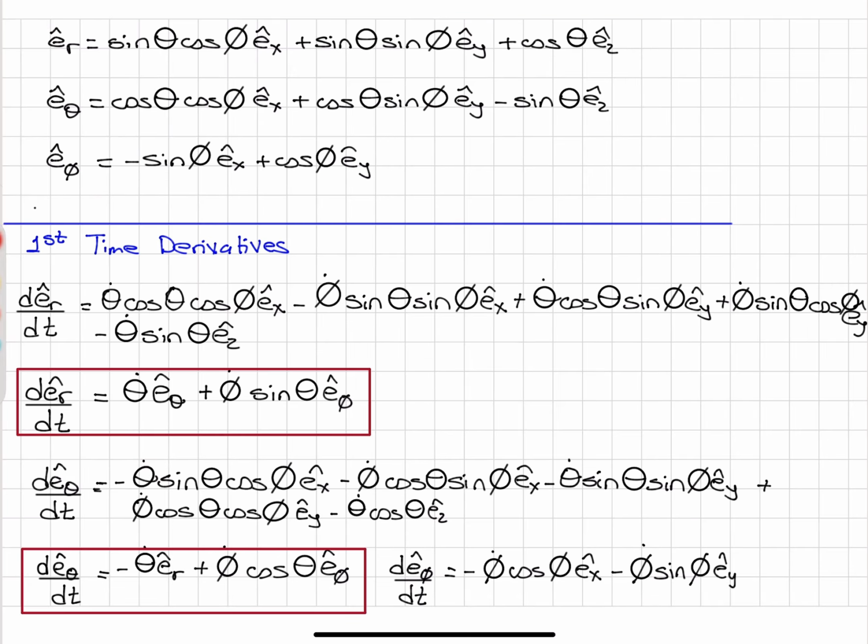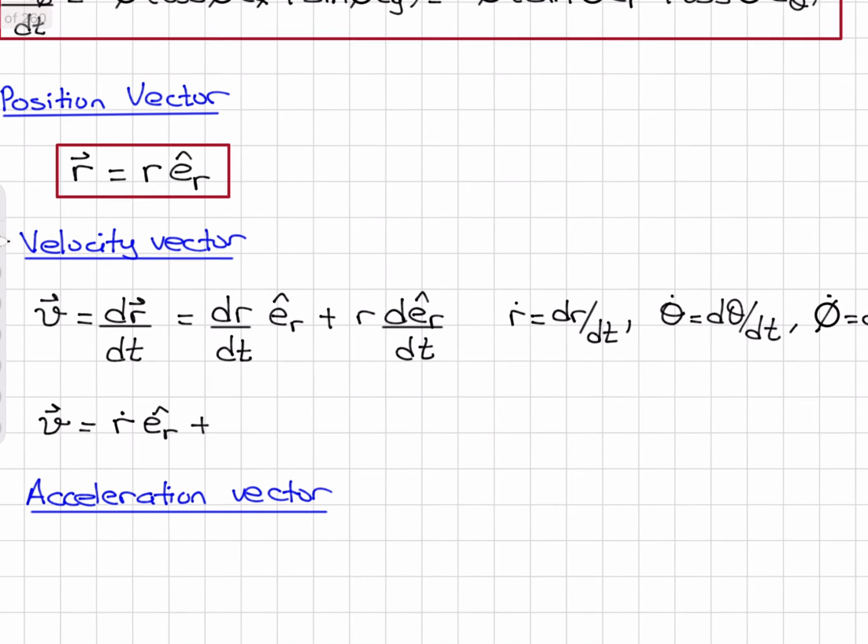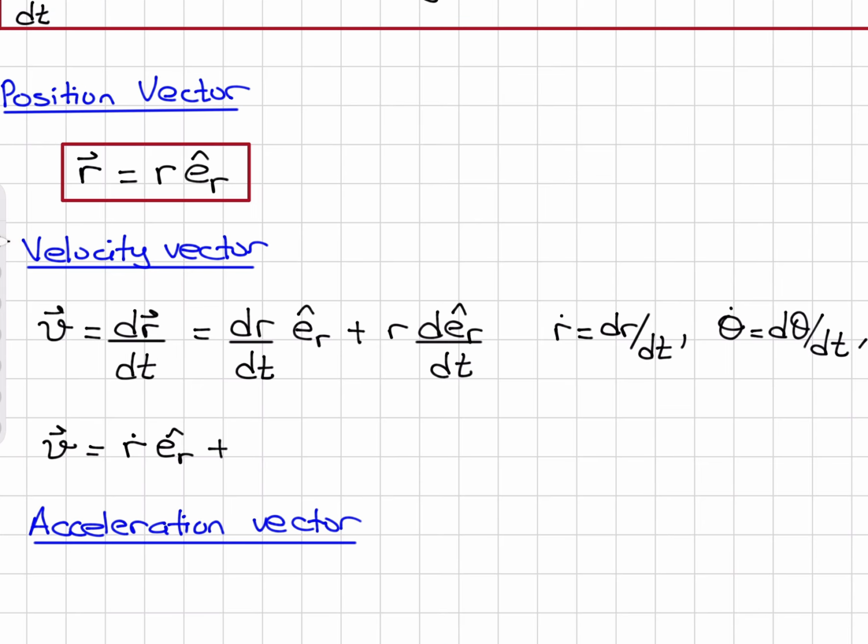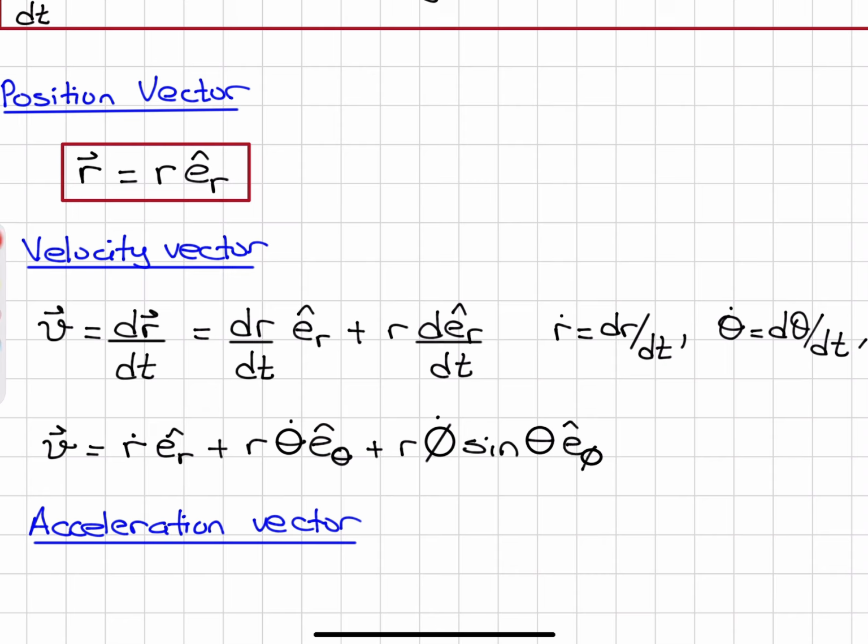What is der hat dt? Theta dot e theta hat plus phi dot sine theta e phi hat. So we're going to have r theta dot e theta hat plus r phi dot sine theta in e phi hat direction. This is our velocity vector.